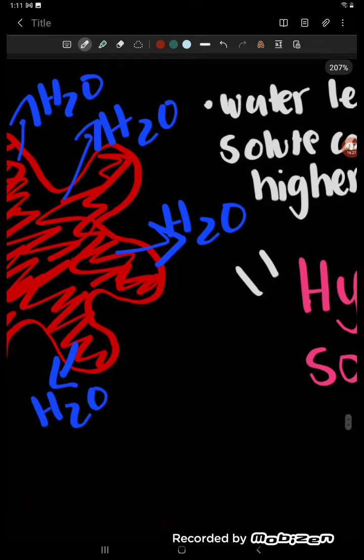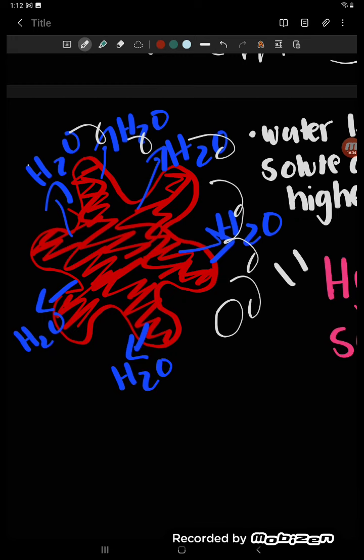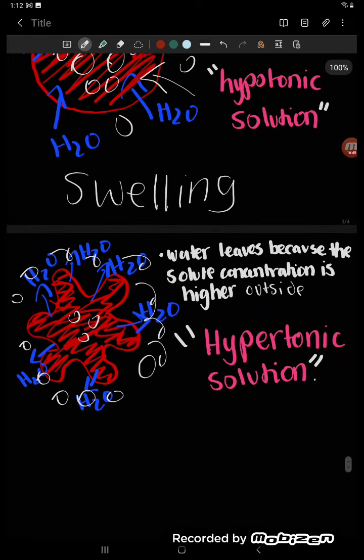So water leaves, H2O leaves, because the solute concentration here is more than the inside. Okay, that's why water leaves. Water leaves because the solute concentration is more outside. Now that was osmosis, and this was a hypertonic solution.